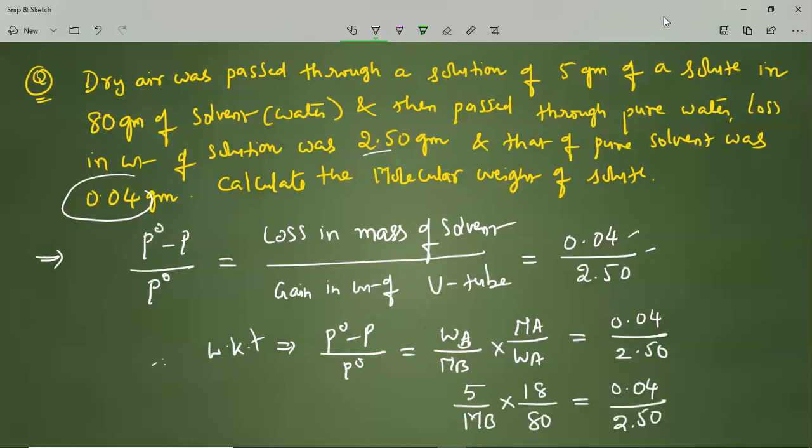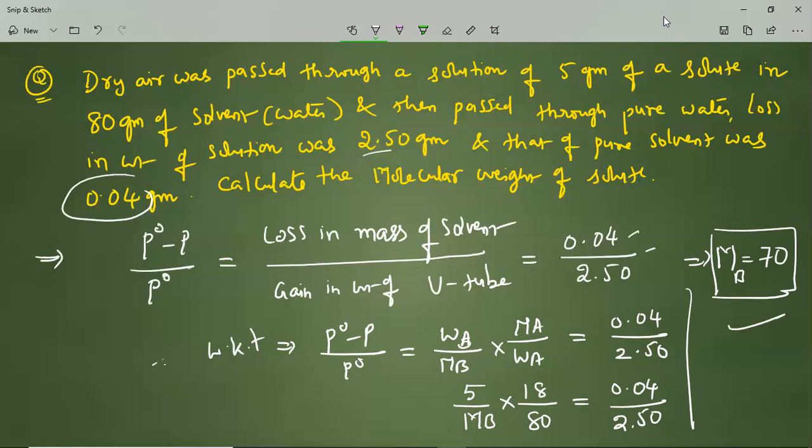Upon simplification, the molecular weight of solute I got is 70. So 70 is the right answer for this question.